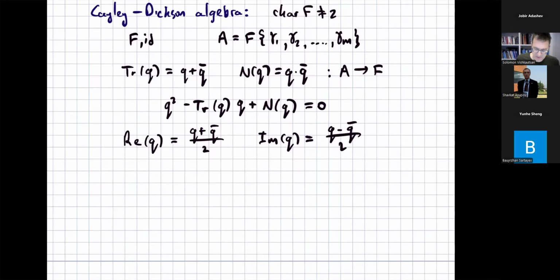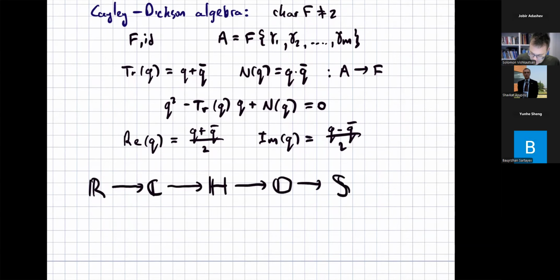The most famous example of this starts with the field of reals, and we have the following sequence: R going to C, the complex field, then the quaternions, the octonions, and then the sedenions, where each time we choose gamma equals -1.